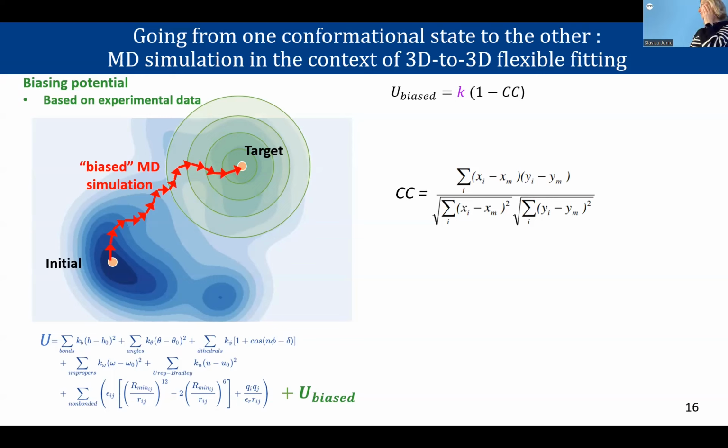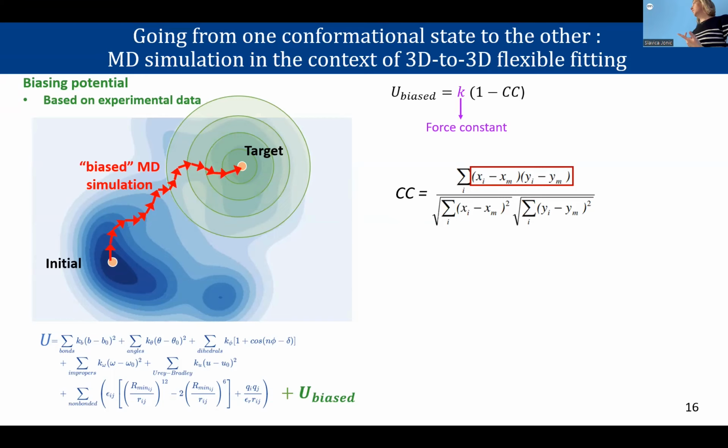But as you see, there is one weighting factor here. This weight K is called the force constant, and it defines how much weight you want to give to your biasing potential, how much you want the MD simulation to be attracted by the data.